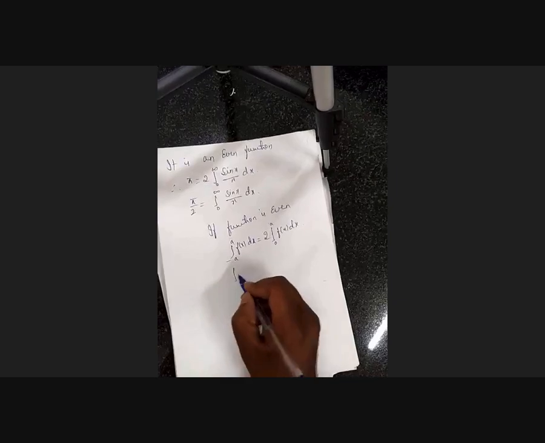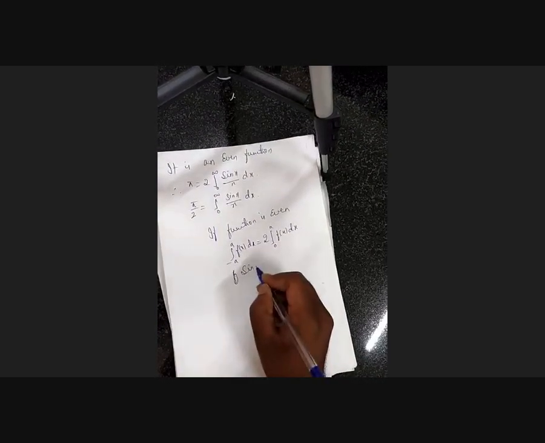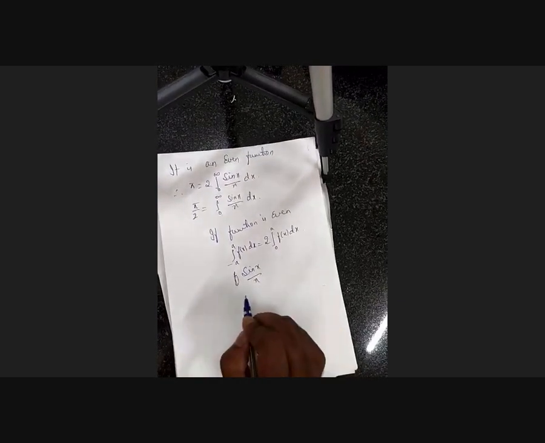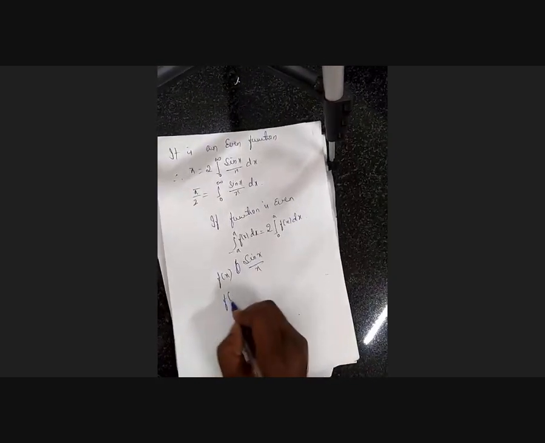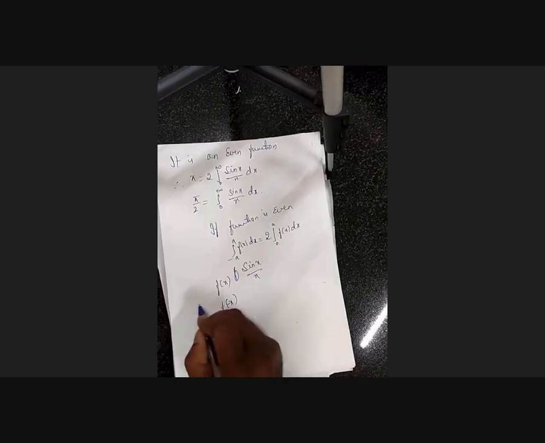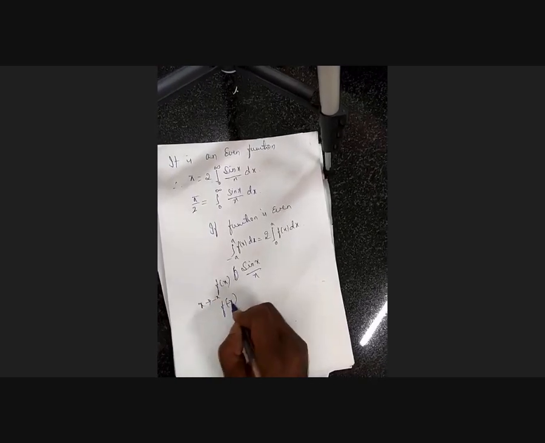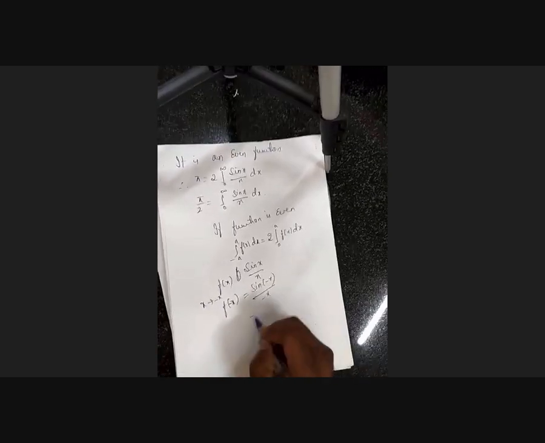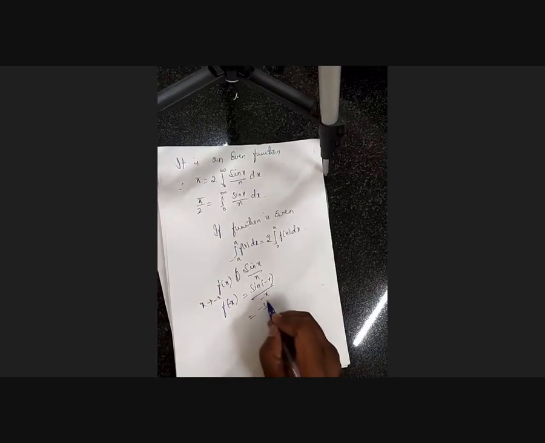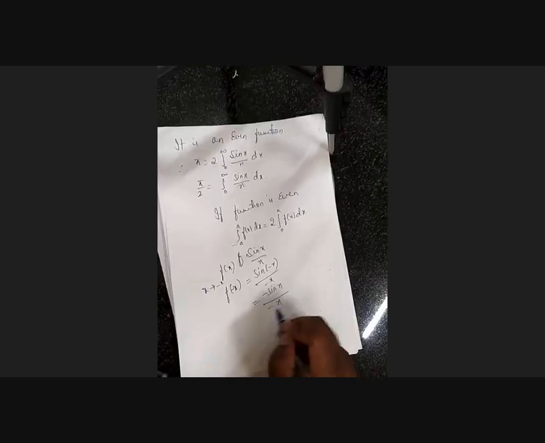Here we have the function sin x by x. This is f of x. We'll change x to minus x. In place of x, take minus x. Sin of minus x, here also minus x. Sin of minus theta is minus sin theta, divided by minus x.